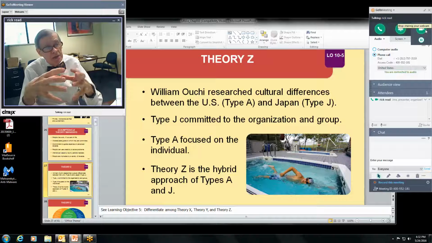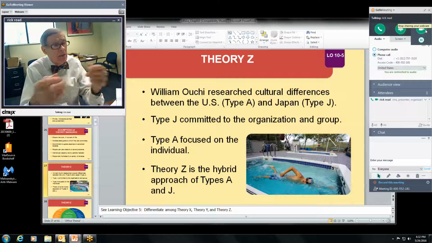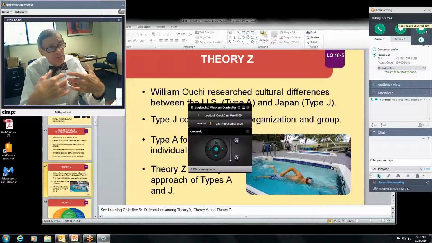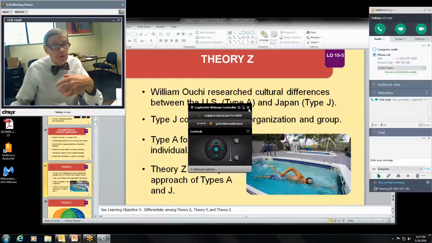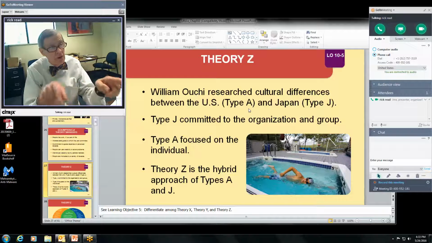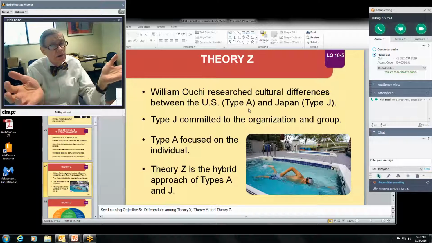Now, don't take this type A to be as opposed to type A and type B. Type A, according to Ouchi, is the American manager, an employer tends to focus on the individual, where in Japan it tends to focus on organization and groups.